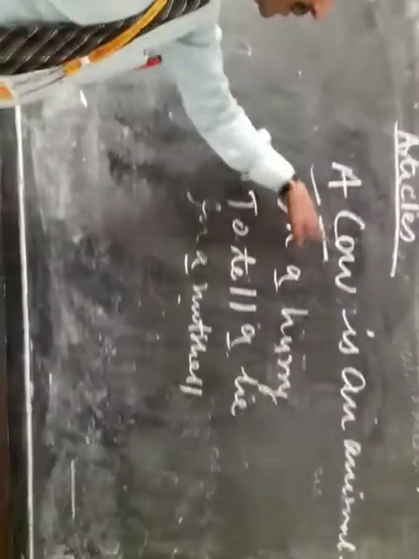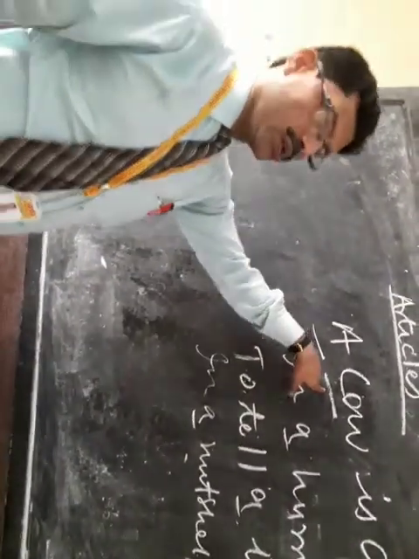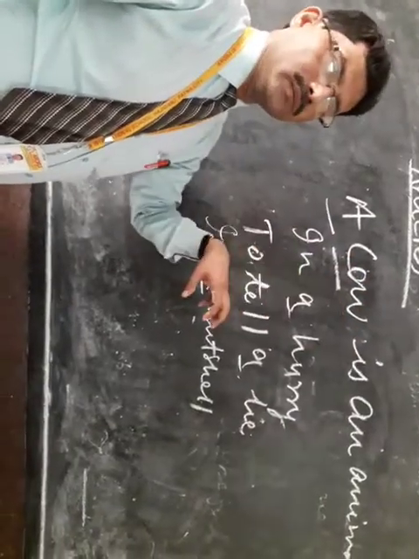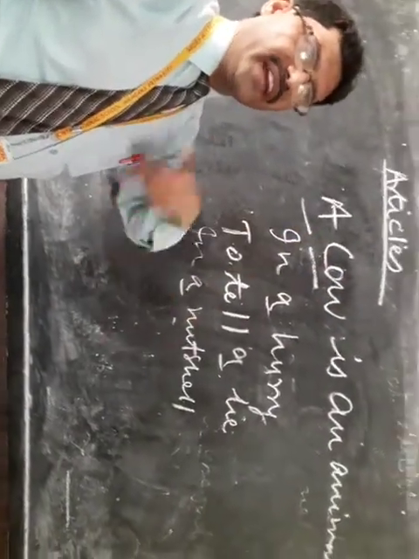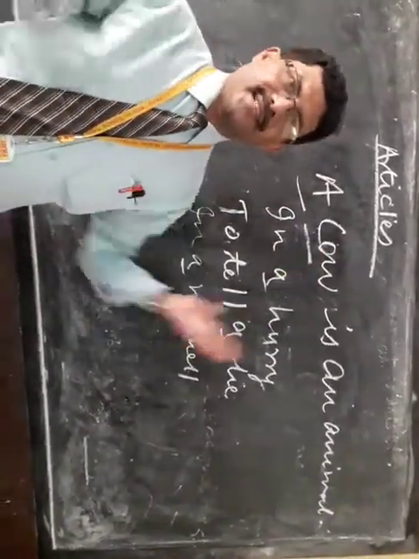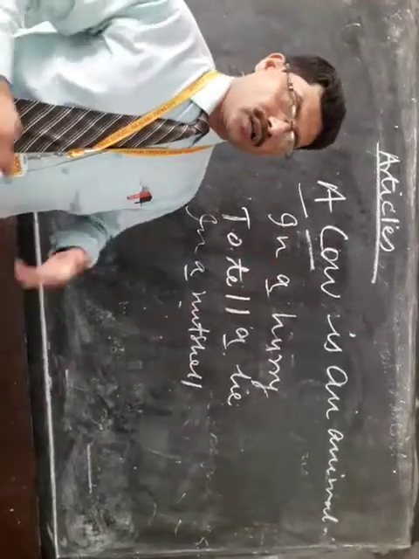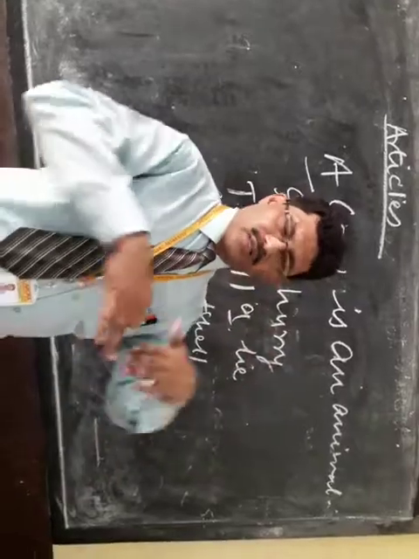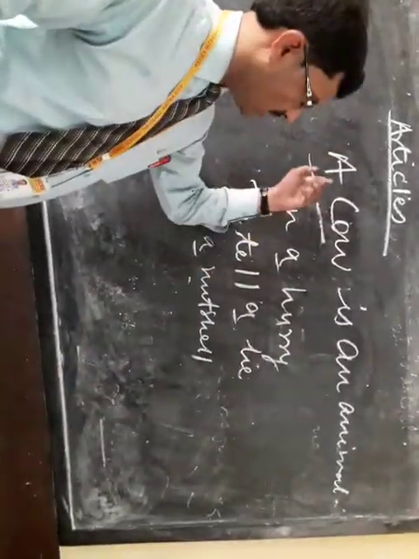A cow here denotes the whole class of cows. So if any singular countable noun denotes the whole class or the whole species of some animal or some bird or something, then we use a.